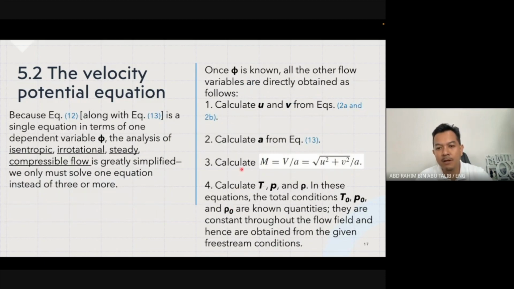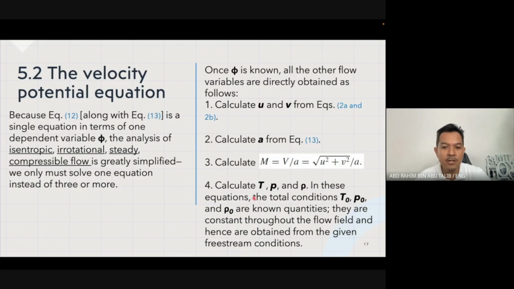At the same time, you can calculate the Mach number, M equal to V over A. You know u, and you know v, the components of the velocity, so taking the square root of the sum of squares over A, you can get the Mach number. Further on, you can then also calculate the temperature, the pressure, as well as the density.